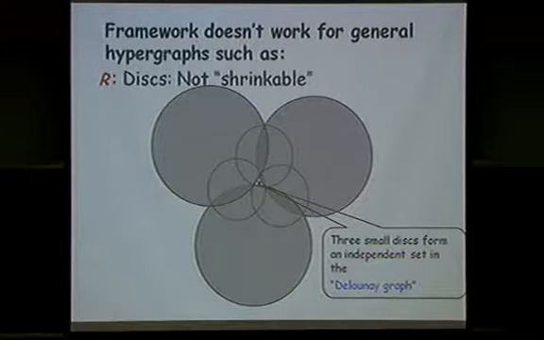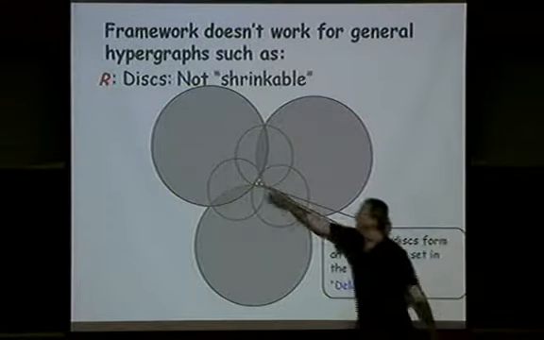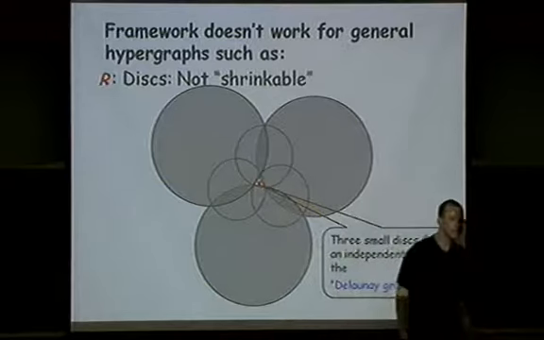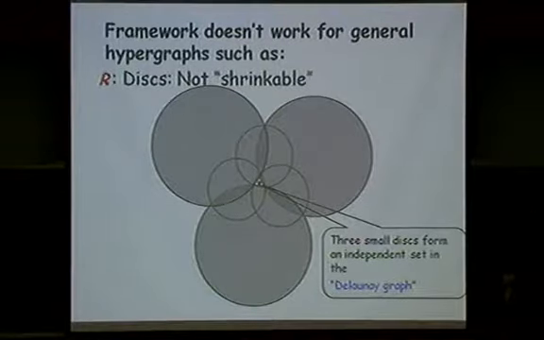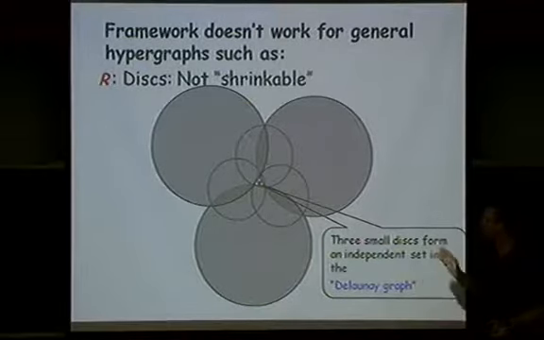And not only is it not shrinkable, if you try to use the framework, then in the Delaunay graph, by definition, these 3 are independent. There is no edge between 2 of them because there is no point that stabs only 2 of them. There is no hyperedge of size 2. So they are independent, so I might take them and color all of them with 1, but already then I'm wrong.